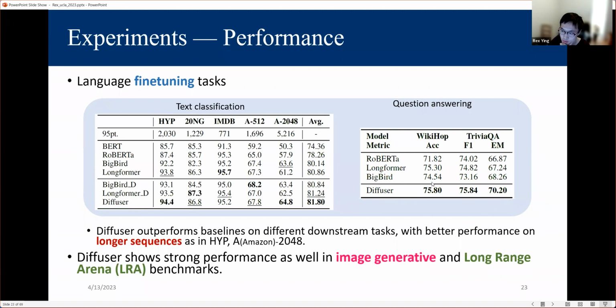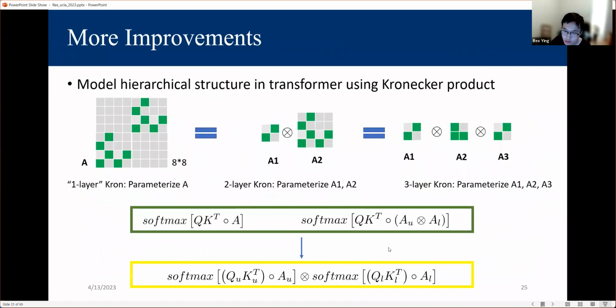So we achieved better results than other previous transformers, and achieves almost similar or even higher results than dense transformers. And we also show a strong performance in terms of image tasks, as well as long-range arena benchmarks.